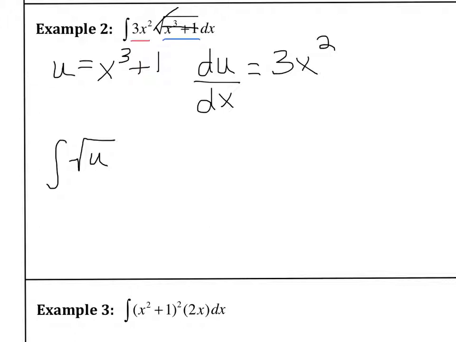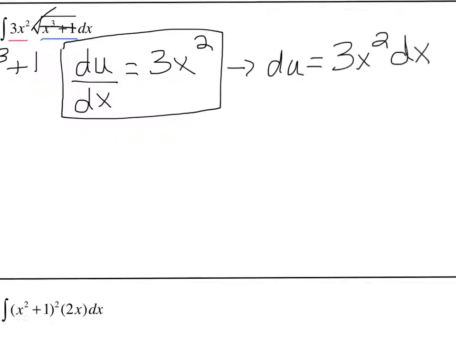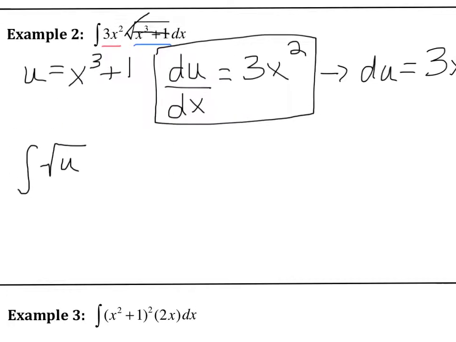And then, of course, that's going to all go back to this. With just a little bit of algebra, I see that du is equivalent to 3x squared times dx. And so now if I just write du, I scoop up both of those pieces.